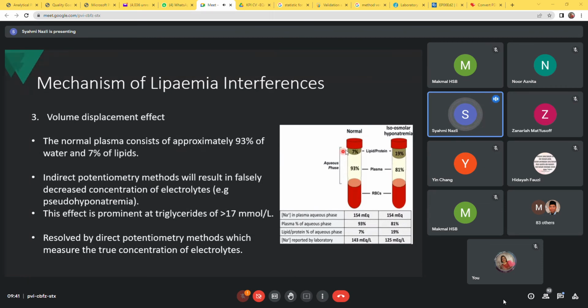As you can see from the figures, the normal plasma will have this 7% to 93% ratio, but in a lipemic sample, there is an increase of lipid percentage and a reduction in plasma water percentage. Subsequently, it will lead to further dilution that will result in a low reported sodium value, which is not a true sodium value.